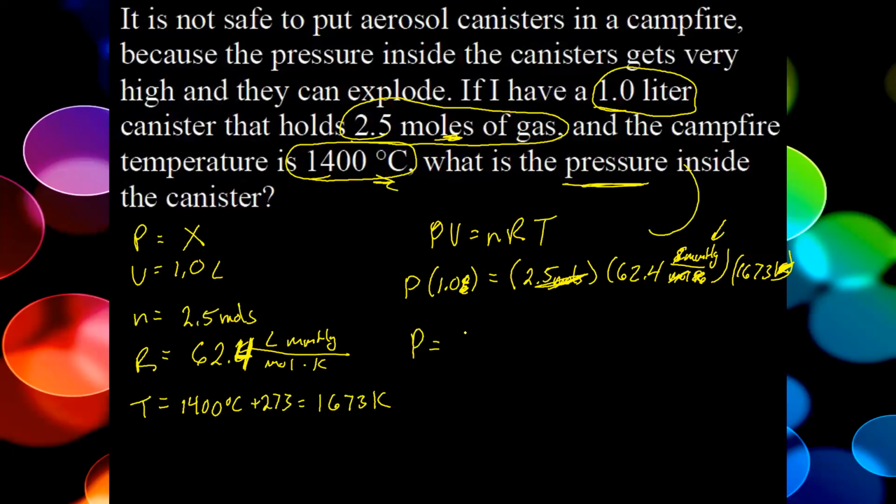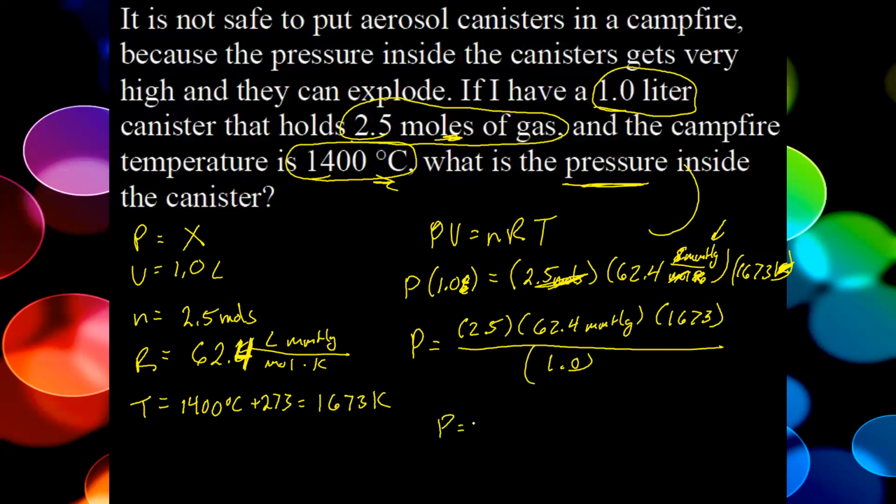So to get the pressure, I'm going to take 2.5 times 62.4 millimeters of mercury times 1,673, all of that divided by 1.0. So if someone would help me out there, 2.5 times 62.4 times 1,673.